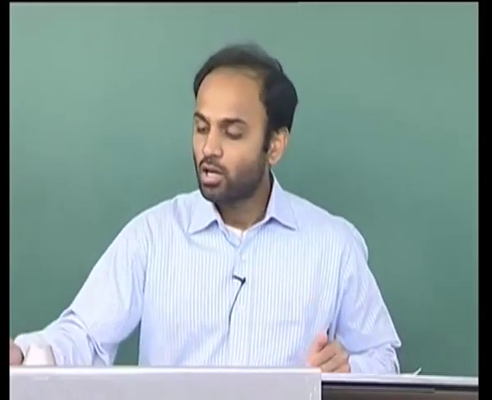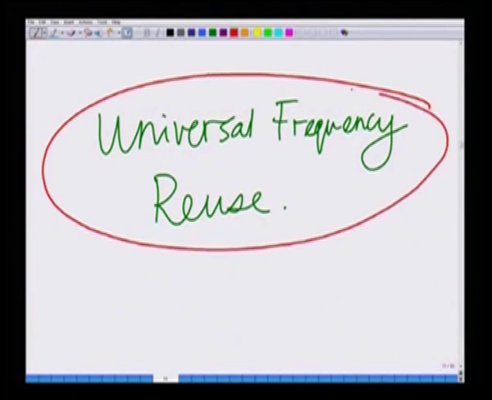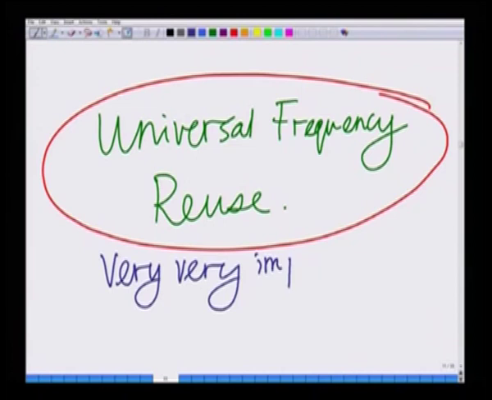Hence, this is known as universal frequency reuse, and this is a very, very important property of CDMA systems. So, let me write that down. This is a very, very important property of CDMA.